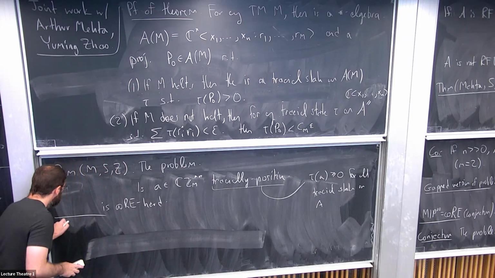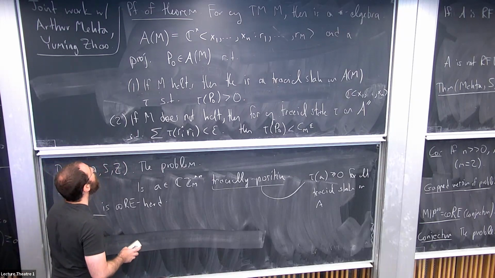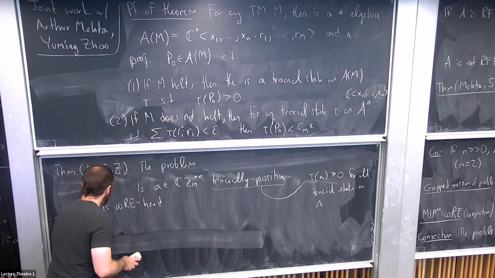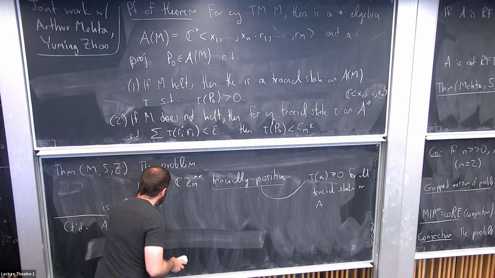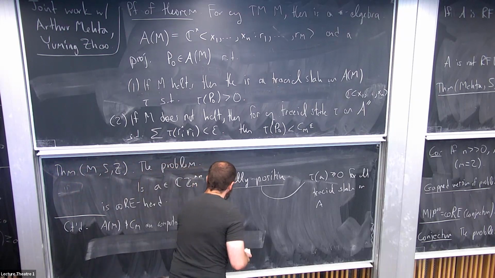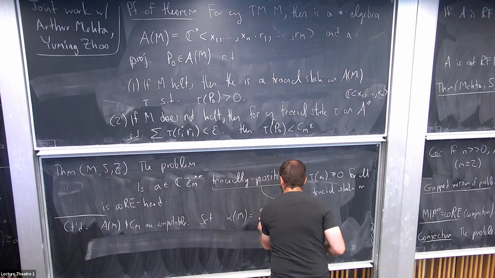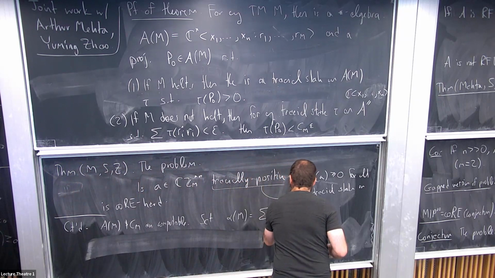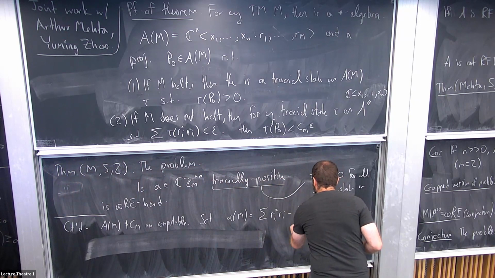So continuing here, and also I should say, this presentation of AM and CM. What we do is we set alpha M equal to the sum over Ri star Ri minus P0 over Cm.